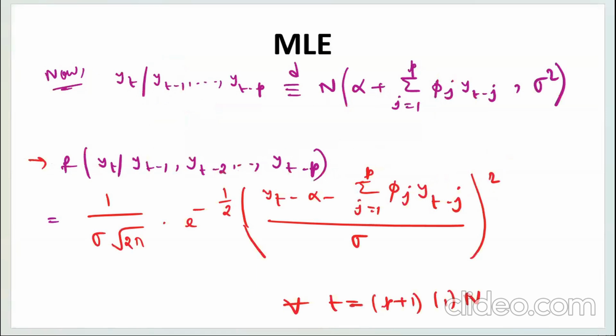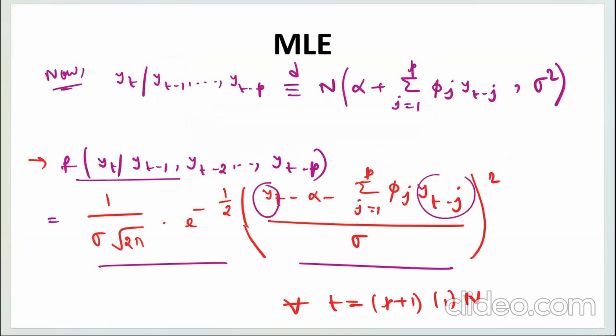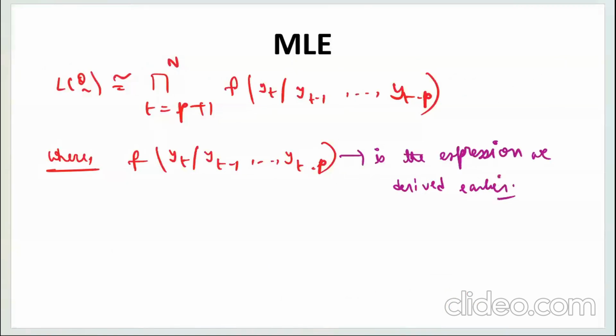This we just derived, right? This is the total PDF. If you see, they are in terms of parameters and only y values. Parameter values and the y values. So this is the expression of the PDF.